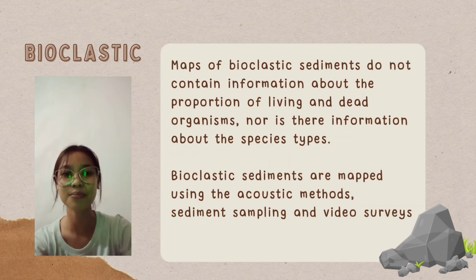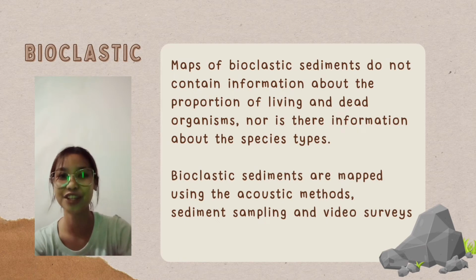Maps of bioclastic sediments do not contain information about the proportion of living and dead organisms, nor is there information about the species types. Bioclastic sediments are mapped using acoustic methods, the bathymetry, and the backscatter provided from multi-beam echo sounder and sonar, sediment sampling, and video surveys.